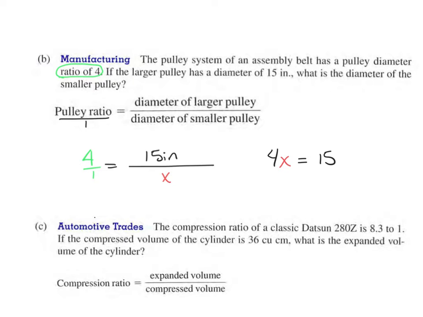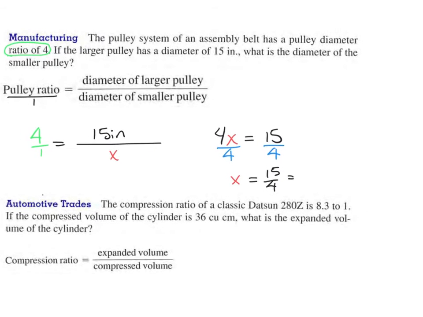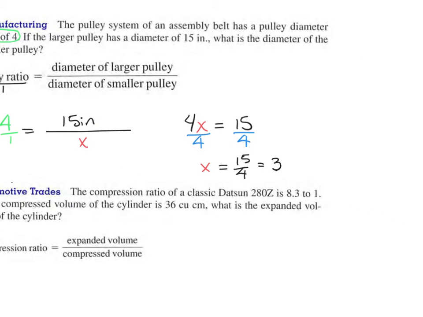So now I divide both sides by 4 because I need to get X by itself. I need to solve for X, which means I need to undo the multiplication, so I divide by 4. And so I get X is equal to 15 divided by 4. And I can write this one of two ways. I can write it as 3 3/4 of an inch, because that's what that would be as a mixed number.